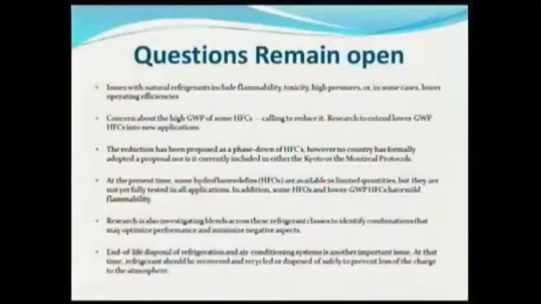However, ammonia has, as you all know, a smell that gives us a really good alert. It has very low density, so the ammonia rises up when it is released into the atmosphere. So it has very good characteristics that we really have to build on to present it as a future refrigerant for large machines. So questions remain open.